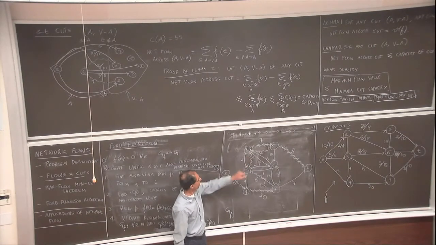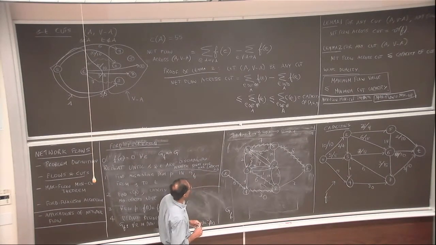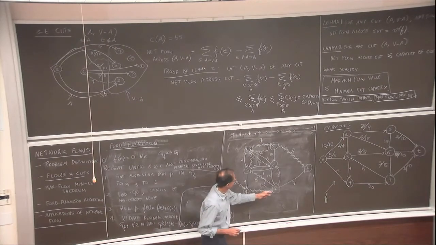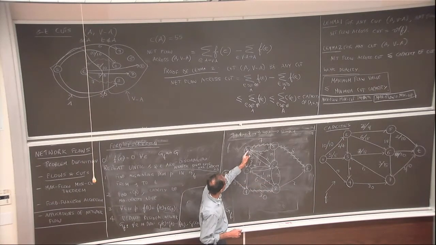All right. So what happens? We send 2 units of flow here, 2 units of flow here, 2 units of flow here.